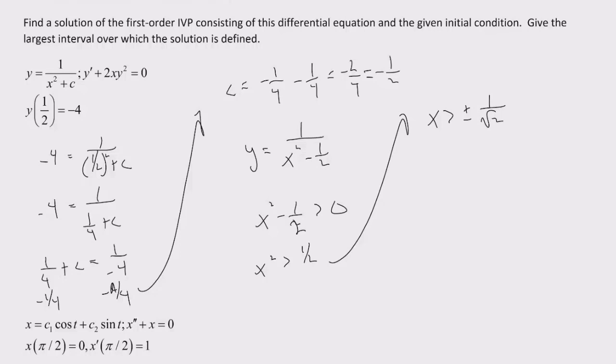So that says as long as I stay with something, let's think about this on a number line. Positive 1. Okay, so if I go outside of the 1 over square root of 2, what's going to happen to my function here?